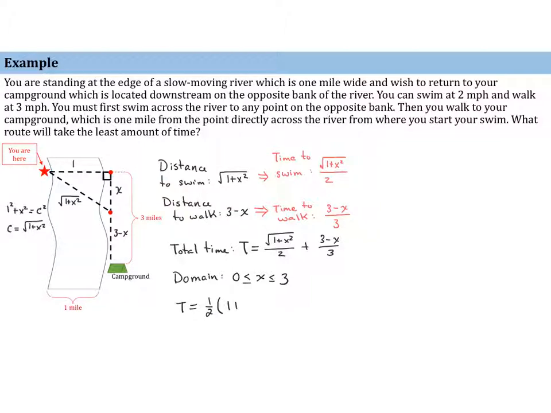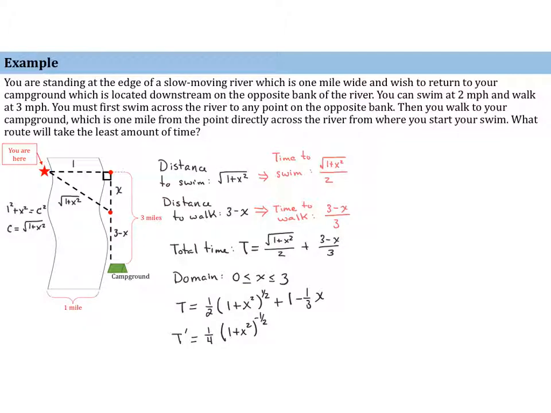So we can rewrite the square root as a 1/2 power, and we can simplify that fraction 3 minus x all over 3 as 3 over 3 minus x over 3. But 3 over 3 is 1. X over 3 is 1/3 of x. So therefore, we can find t prime using the generalized power rule: take the power times the coefficient and get 1/4, so 1/2 times 1/2, times the quantity 1 plus x squared, lowering the power by 1.